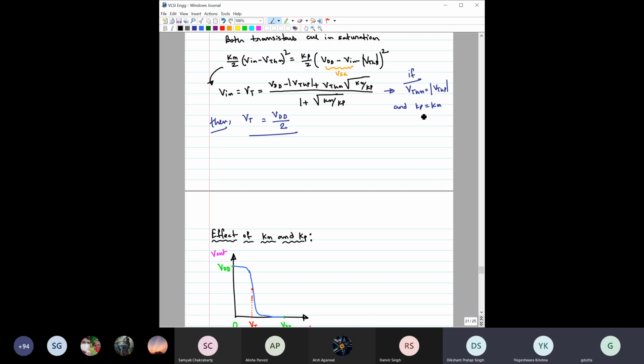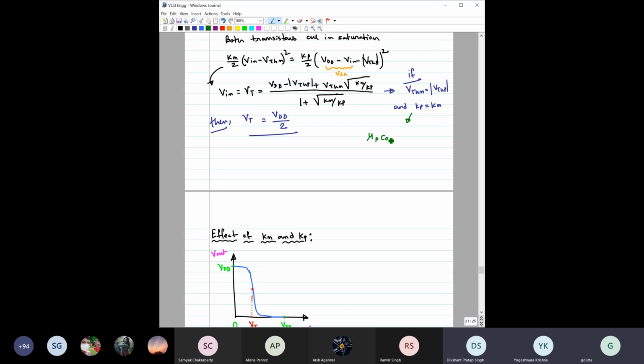But what would be the effect of Kp and Kn? Before I discuss this part, one more thing I should tell you right now. So Kp equal to Kn. What do you mean by Kp? What is the expression of Kp?